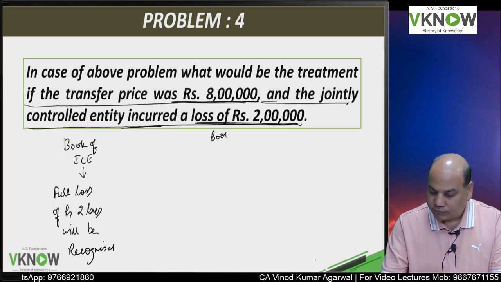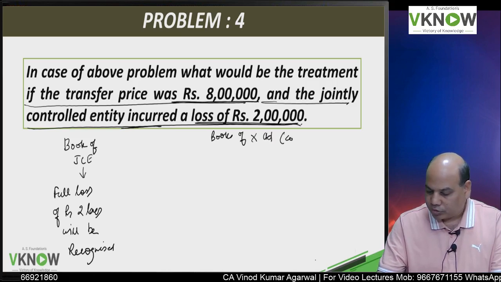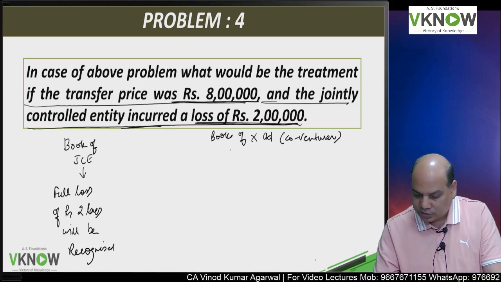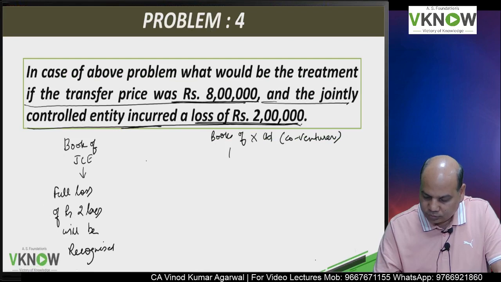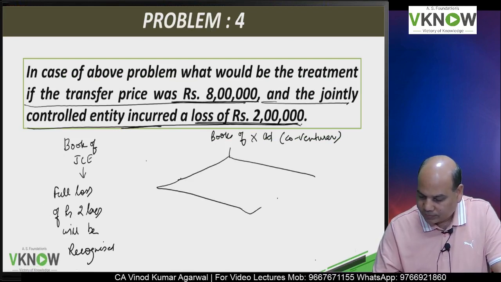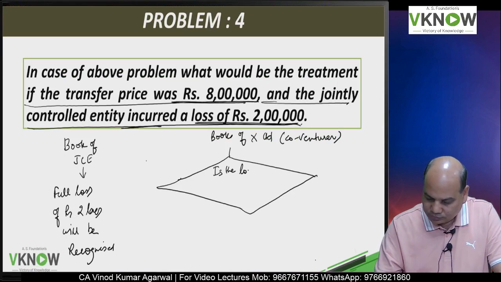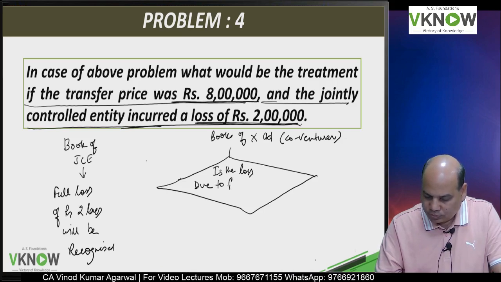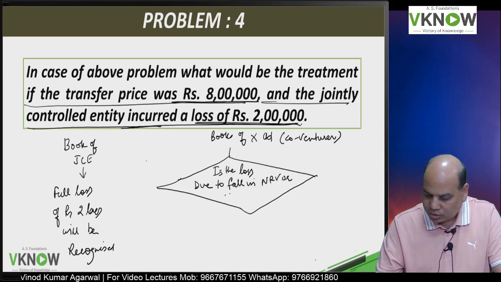In the books of X Limited, who is a co-venturer, there are two possibilities. Is the loss due to fall in NRV or impairment?